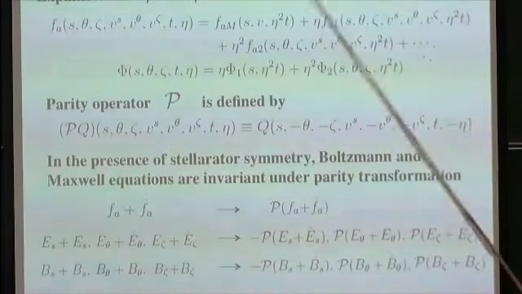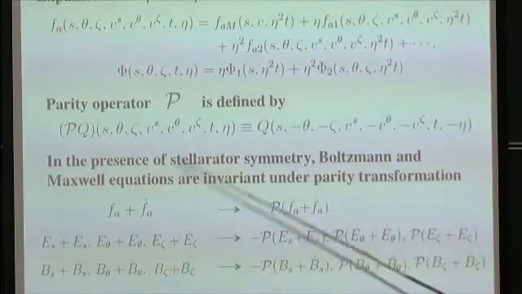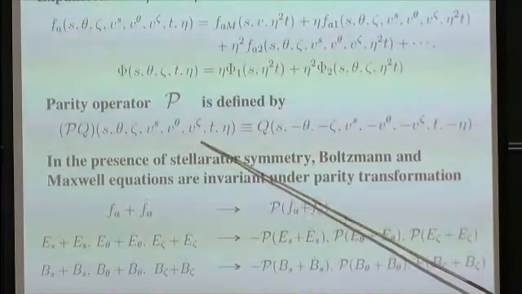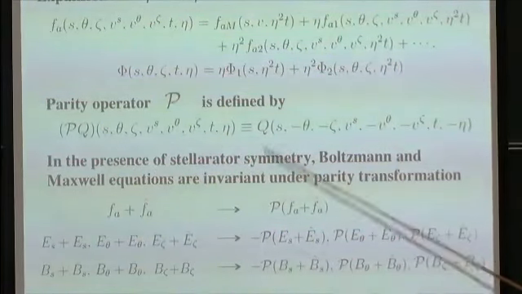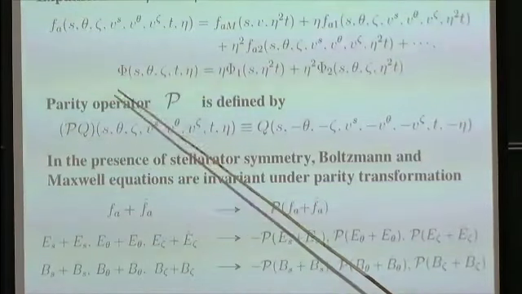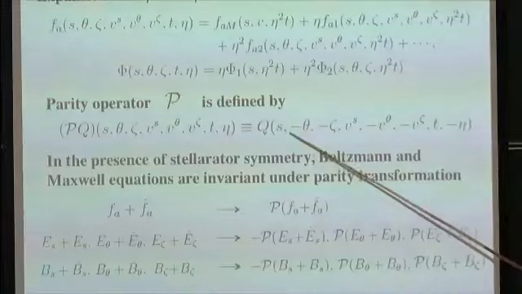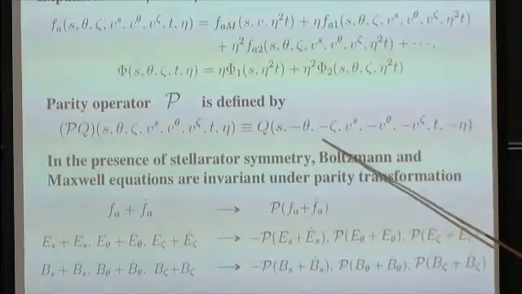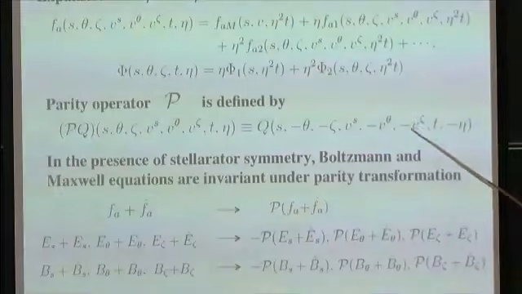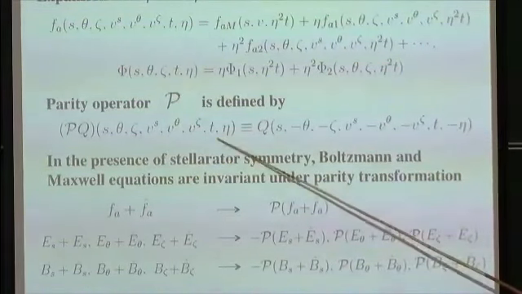Now we define an important parity operator associated with stellarator symmetry, acting on an arbitrary function Q in phase space that also has the parameter eta. For this function, we define the operator by this equation. That changes the direction of the toroidal angle and also the toroidal component of the velocity. Also, we put the opposite sign on the original eta.